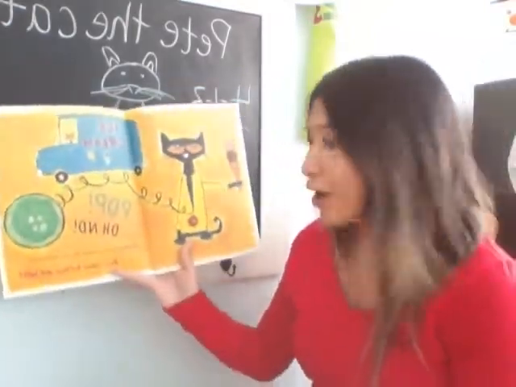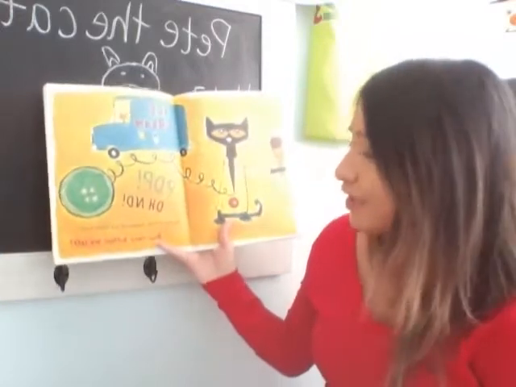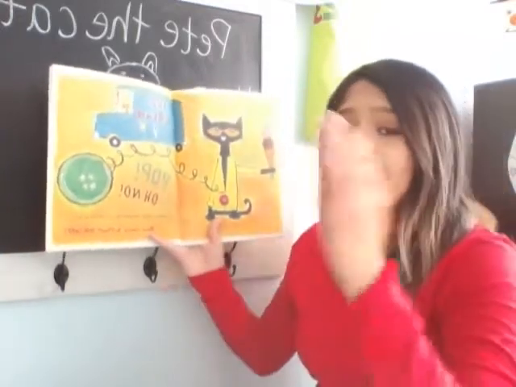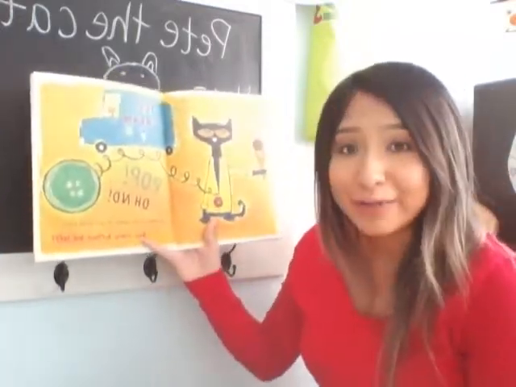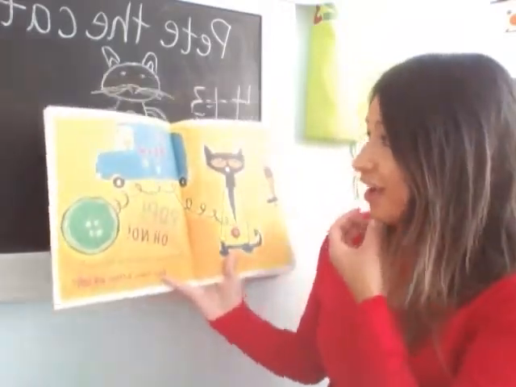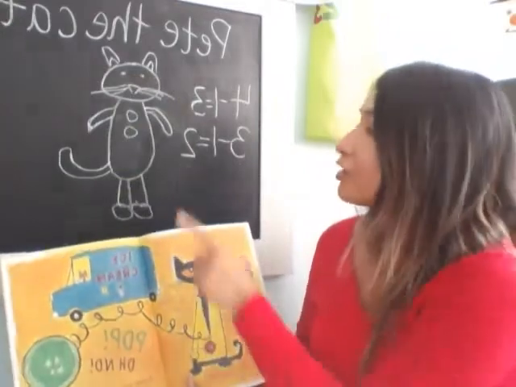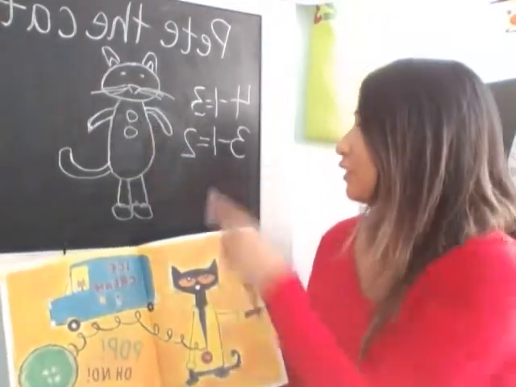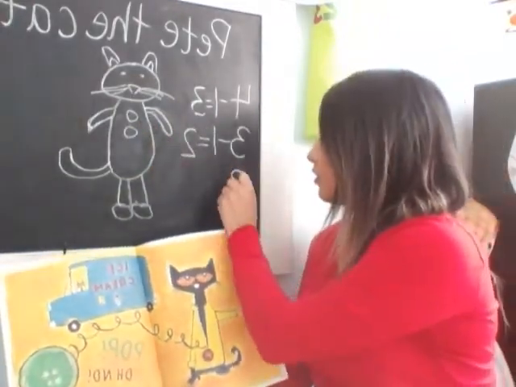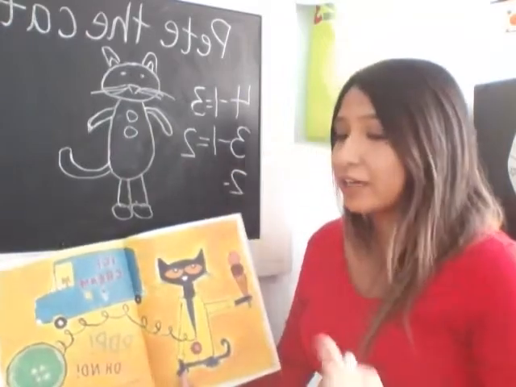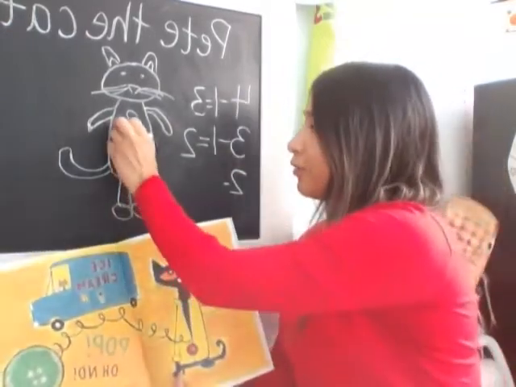Pop! Oh no! Another button popped off and rolled away. How many buttons are left? Uh-oh, Pete lost another button. So how many did we have left? We had 2 left. And we're going to have to take away one more. So go ahead and take one away.